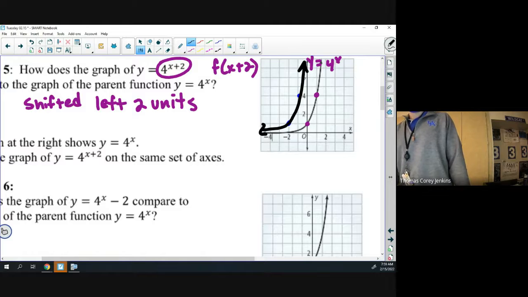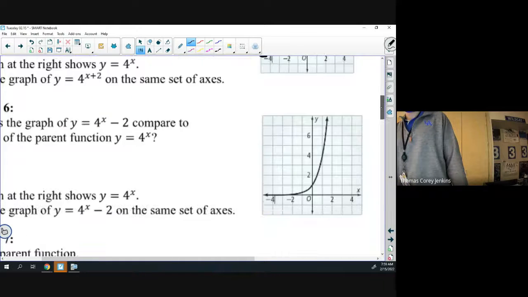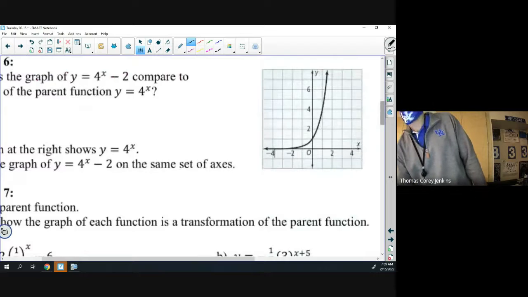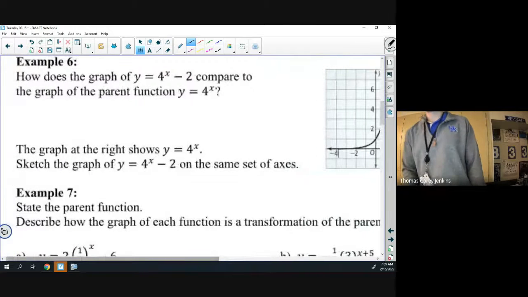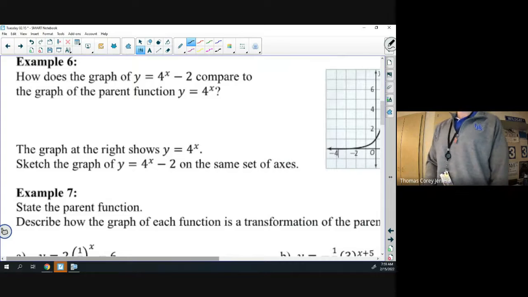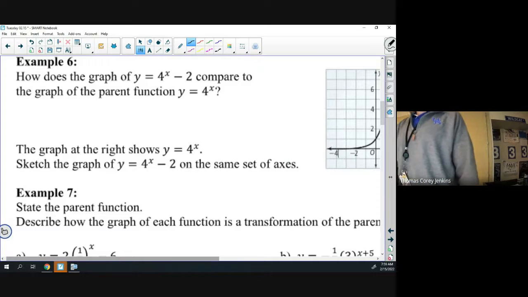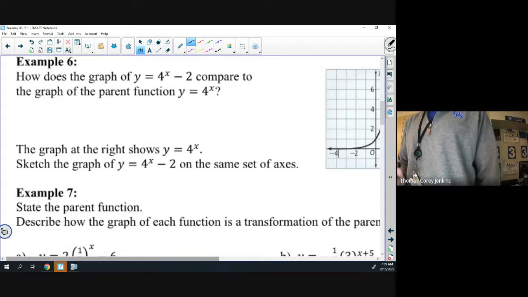All right, so moving on to the next one, example 6. How does the graph of 4 to the power of x minus 2 compare to the parent function?